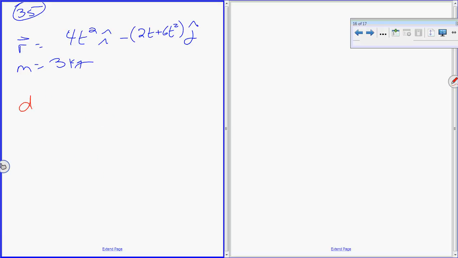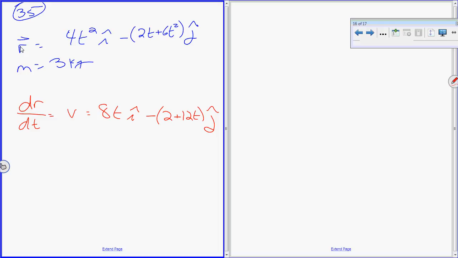So here we go. dr/dt equals velocity. So that's going to be, let's see, 8t i, hate the stupid minus. I don't know what we got. So minus 2 plus 12t, I guess, j. Does that look okay? Everybody cool with that?